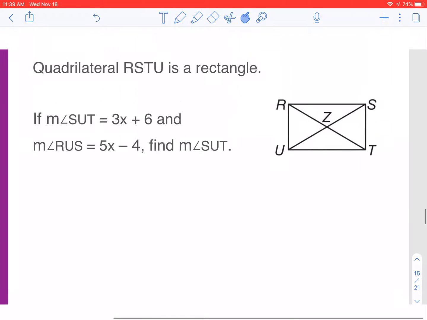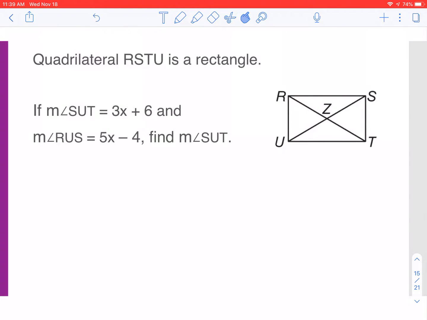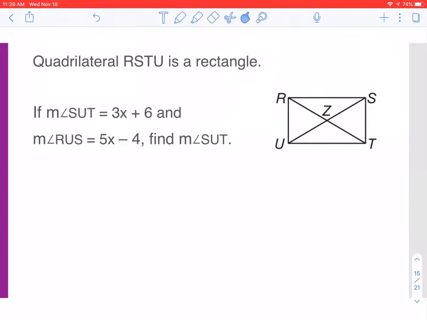Okay, now we'll talk about angles. Angle SUT. Okay, let's mark them congruent. This is congruent to this. And then I'll do the other ones in red because it'll be easier to see. And then I need 2 marks here, 2 marks here, 2 marks here, 2 marks here.